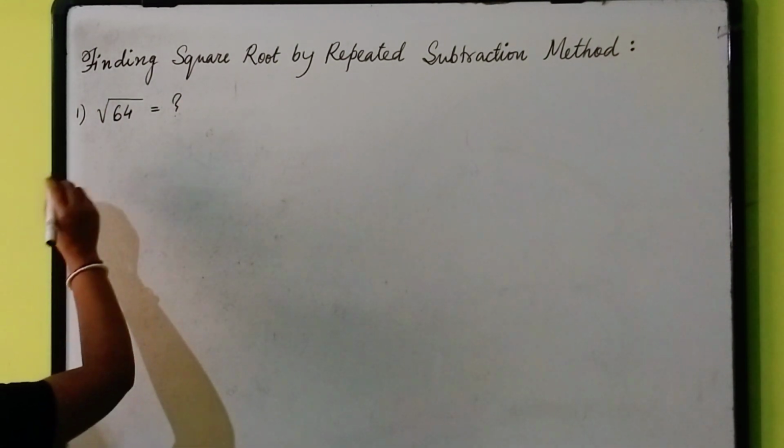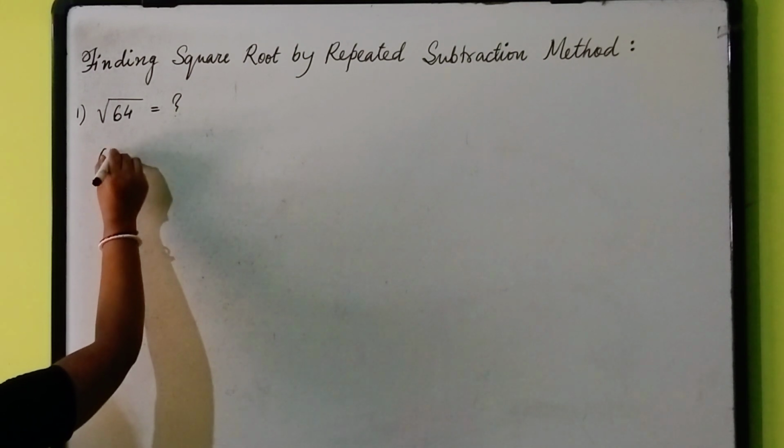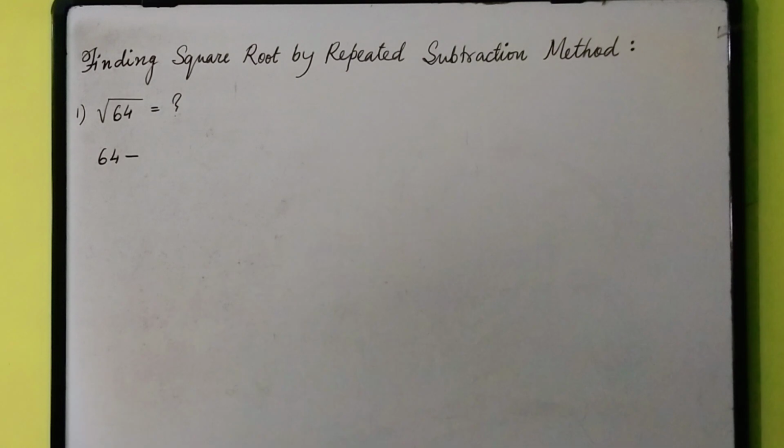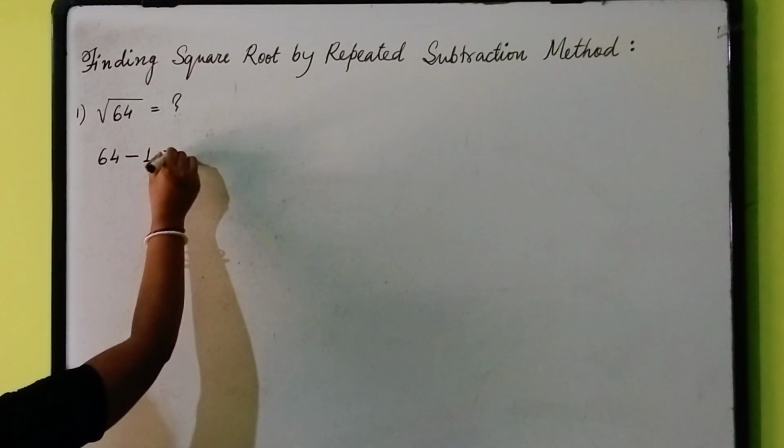Then the square root of 64, what? See here. 64 minus, repeated subtraction. We will take the consecutive odd numbers, my dear students, starting from 1. 64 minus 1, how much?